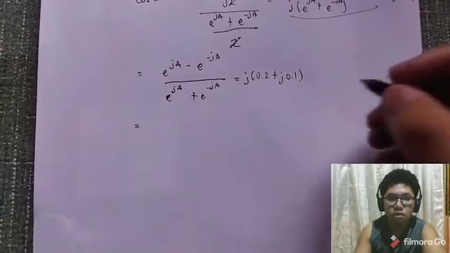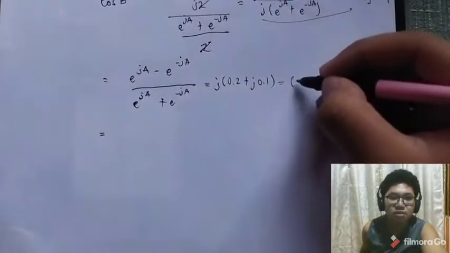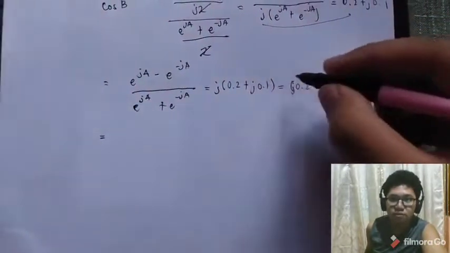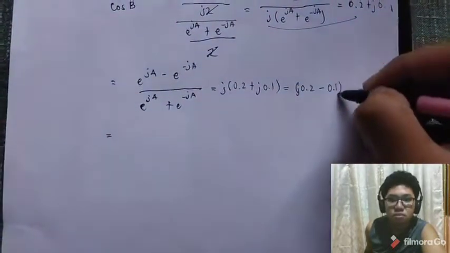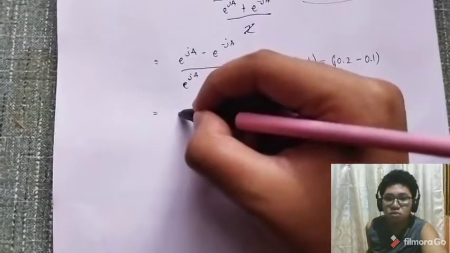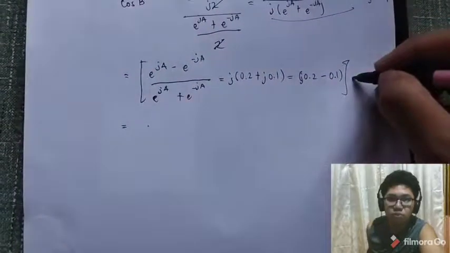And then we will multiply both sides by e raised to ja plus e raised to negative ja. So multiplying the j, that would result to j 0.2 minus 0.1.